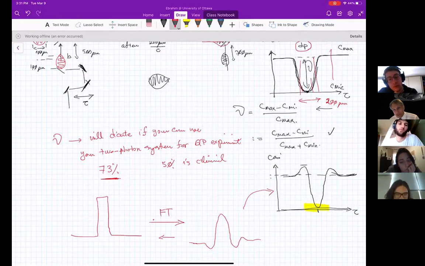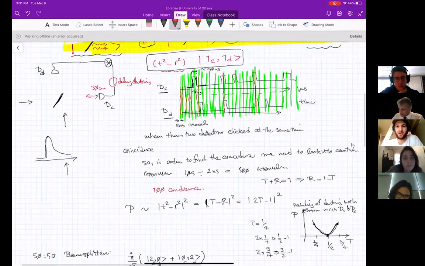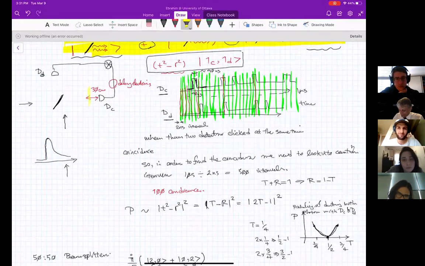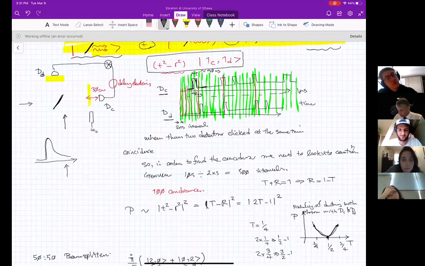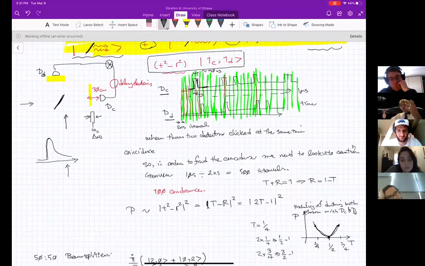What do we have in a laboratory which has this shape? Usually, at the front of our detectors, we have filters. These filters pick up only a frequency of omega naught with width delta omega, and the shape of the filter is a step function. The Fourier transform of a step function is a sinc function.